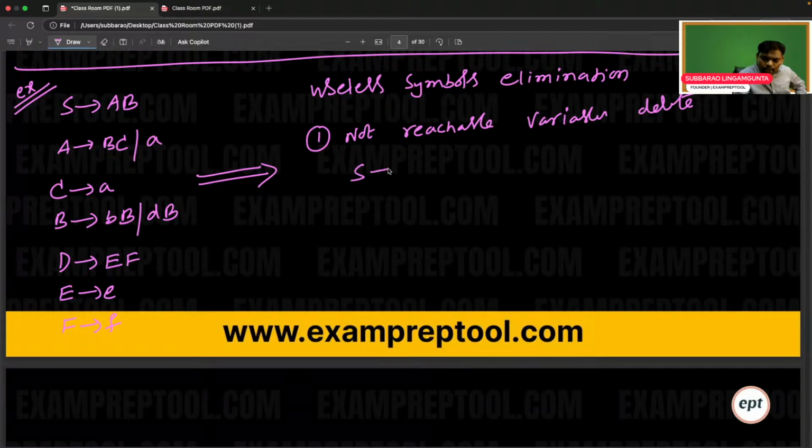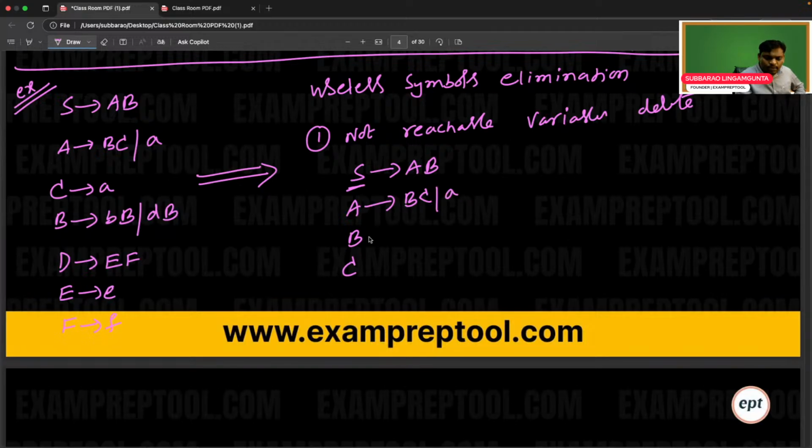S goes to AB, so A is required and B is required, from the start symbol. In A, A goes to BC, so B is required and now C is also required.